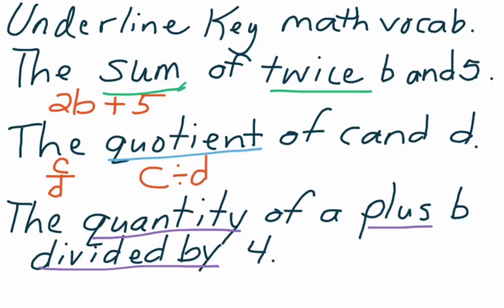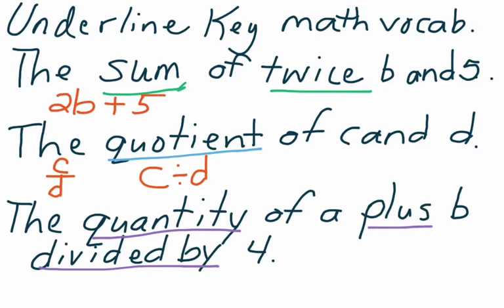Okay, and then the last example we have here, we have the quantity of A plus B divided by 4, and we underlined quantity, plus and divided by. So quantity indicates parentheses, plus indicates addition, and divided by implies division.